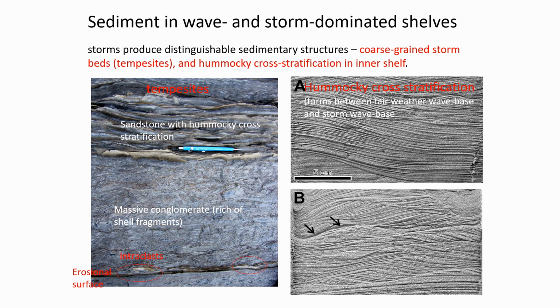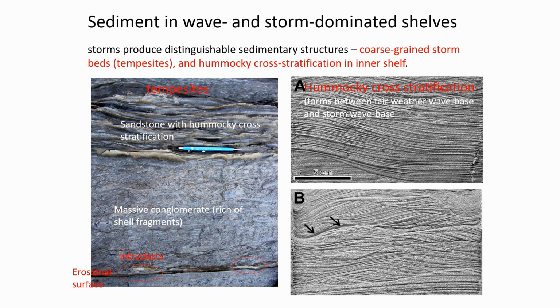These pictures show the storm deposit. On the left, the two pictures show the hummocky cross stratification. And on the right, it shows the coarse-grained storm deposit, which is also called tempestites.